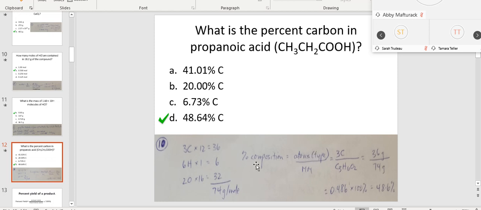So percentage composition is equal to the atoms you're looking for divided by the total. So it's 3 carbons divided by that. 3 carbons is 3 times 12, which is 36. And we found that the molar mass of propanoic acid is 74. So 36 divided by 74 times 100 is 48.6%. So those ones aren't too bad, I don't think.